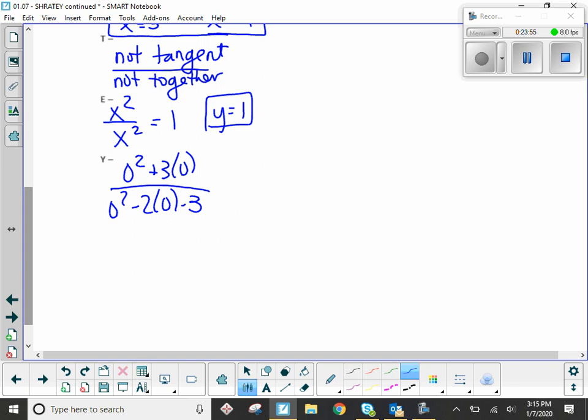And then you do your order of operations, and it's not really hard because it's all zeros everywhere. Math, math, math, math, math. And you get 0.